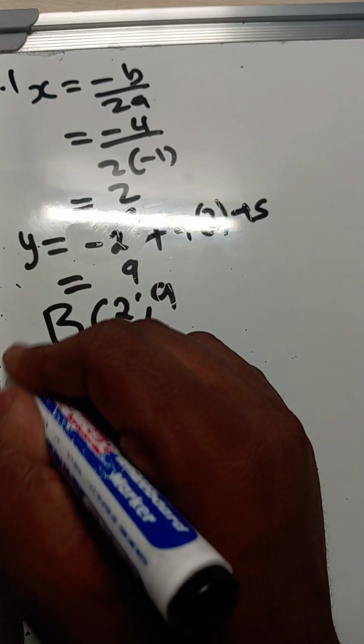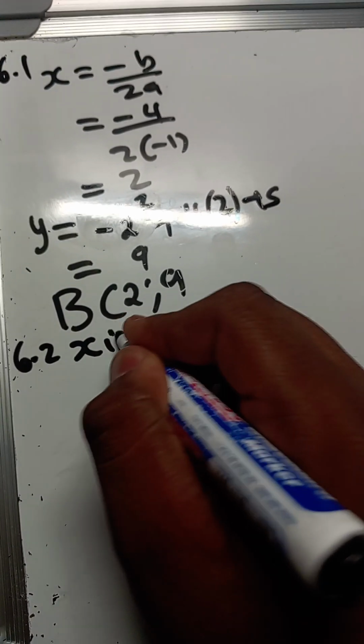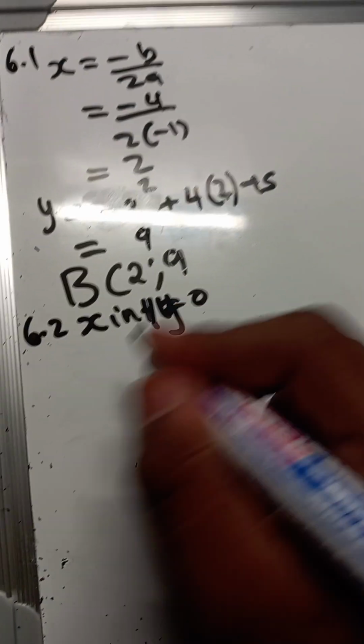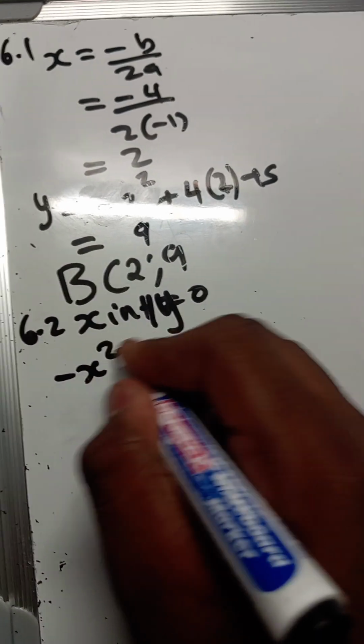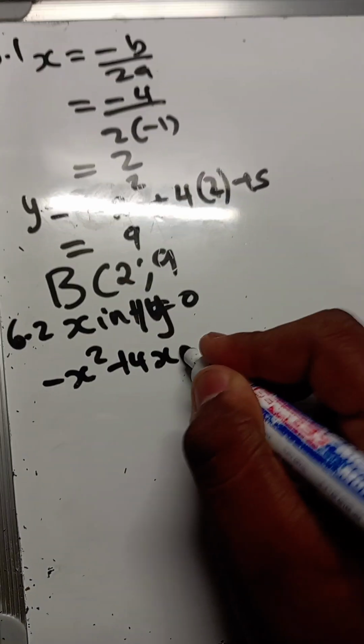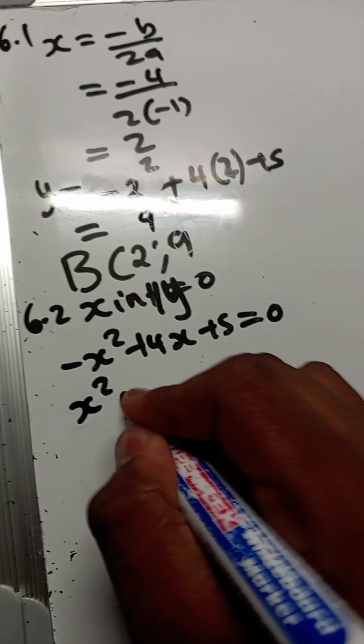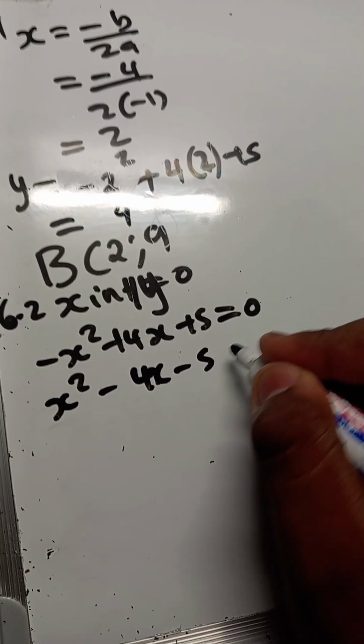We're going to find it through the x-intercepts. So y equals 0 there. You know the story. So I have negative x squared plus 4x plus 5 equals 0. Let me make that one positive so that I can factorize very well.